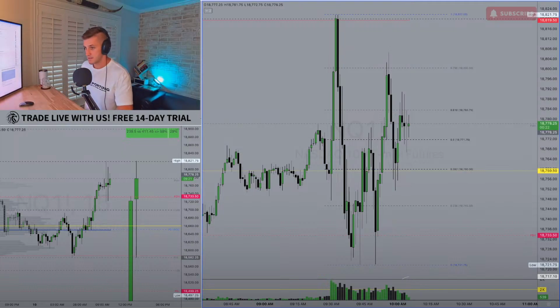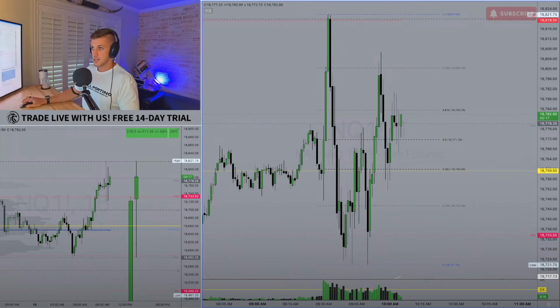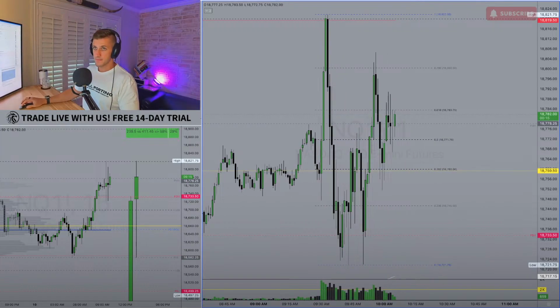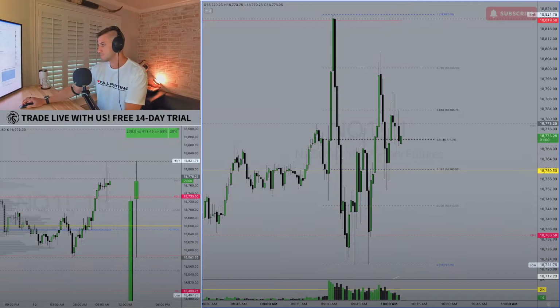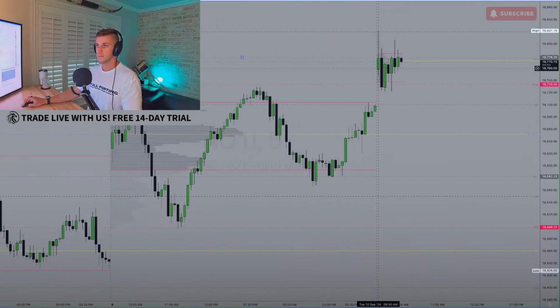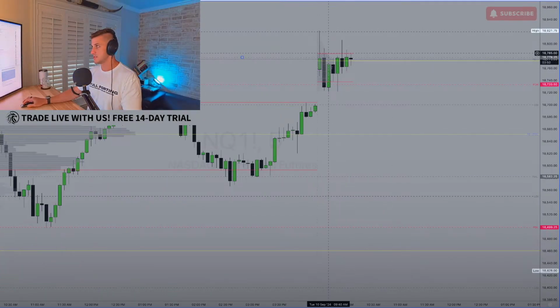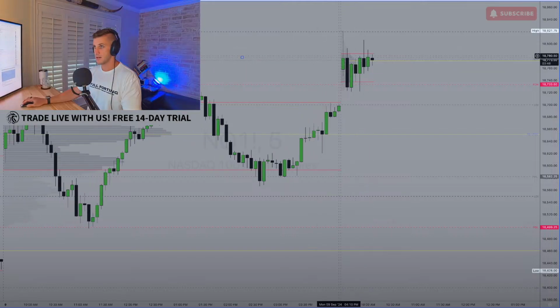NQ now with some relative strength, as it is nowhere near that session low, right? Five-minute, this just looks like coiling to me, just getting tighter and tighter.